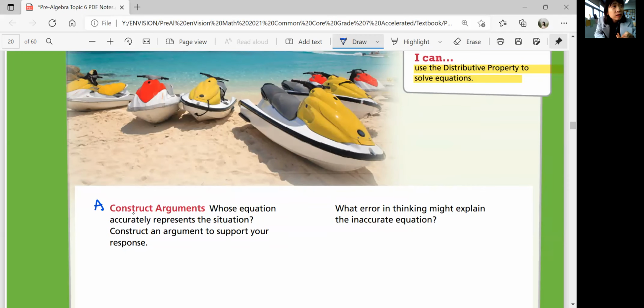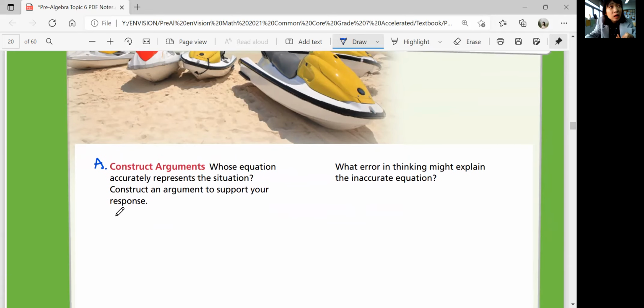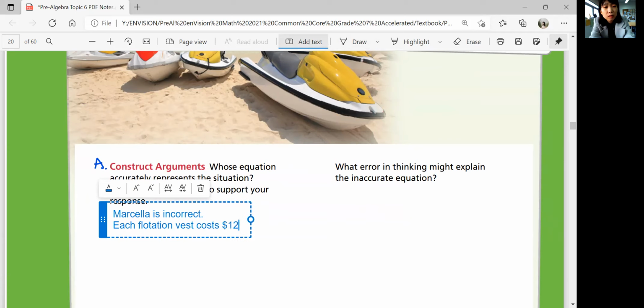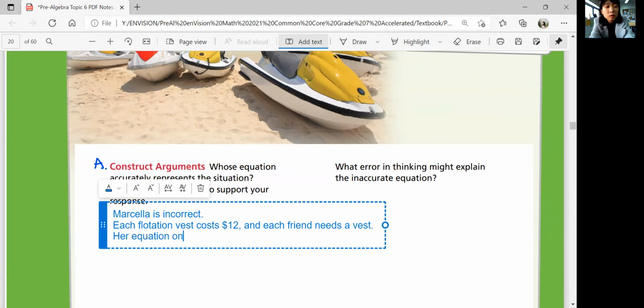This is part A. Whose equation accurately represents the situation? Construct an argument to support your response. So what would you say? Well, we know that Marcella is incorrect because each flotation vest costs $12 and each friend needs a vest. Her equation only includes the cost of one vest.